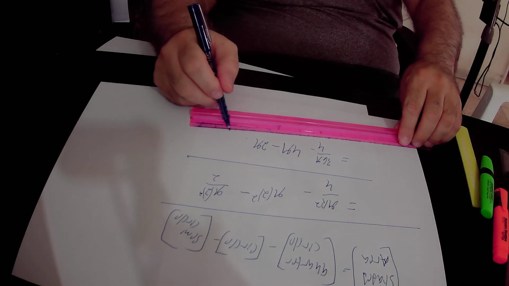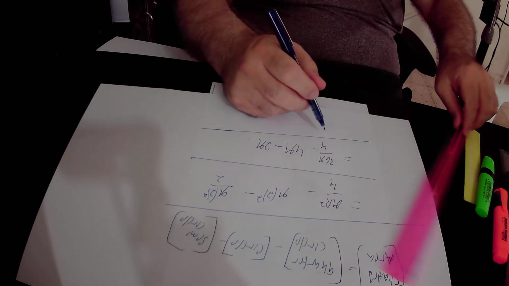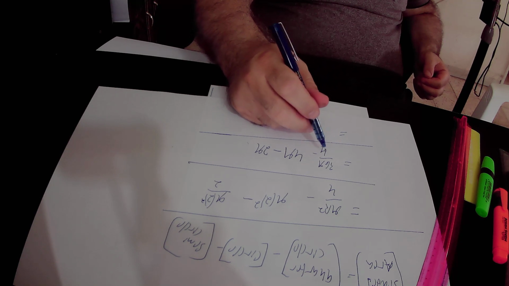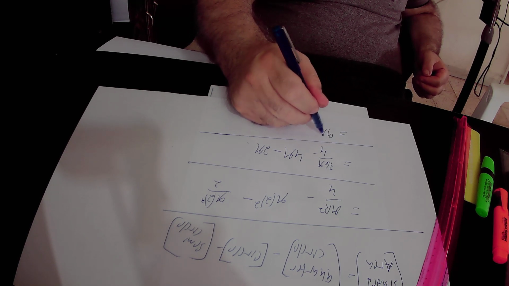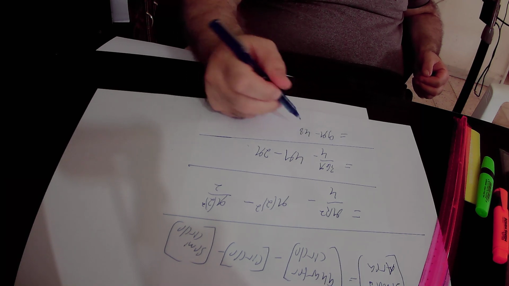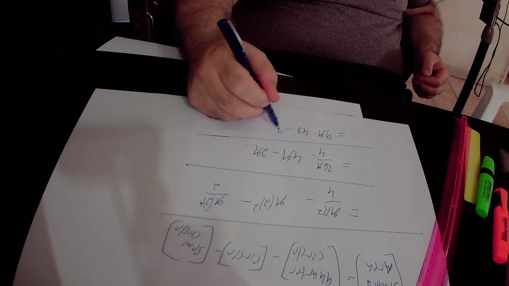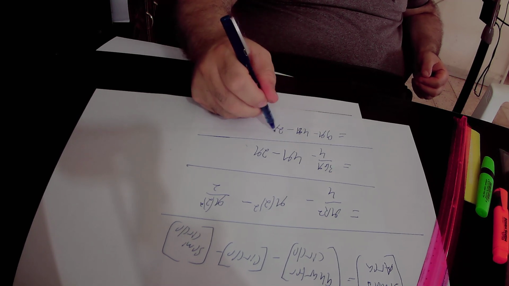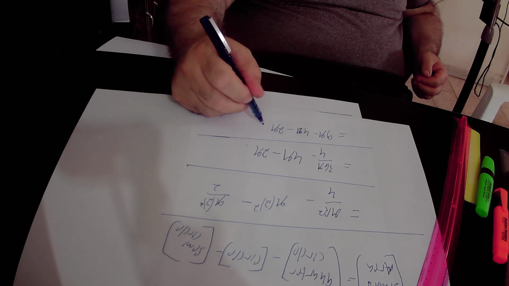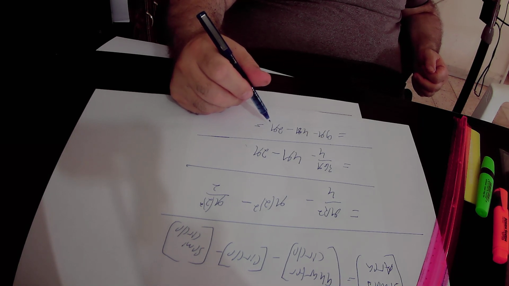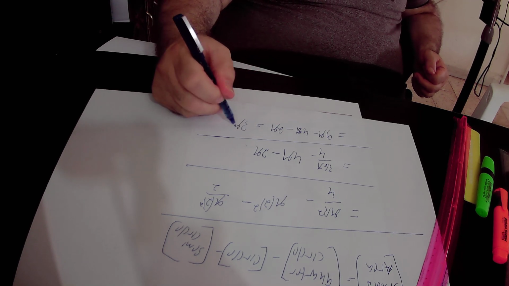So here 36 over 4 is 9. So in conclusion, the area of the quarter circle equals 9 pi, minus the area of the circle, that is 4 pi, minus the area of the semicircle, that is 2 pi. Here 9 pi minus 4 pi is 5 pi, and 5 pi minus 2 pi is 3 pi.